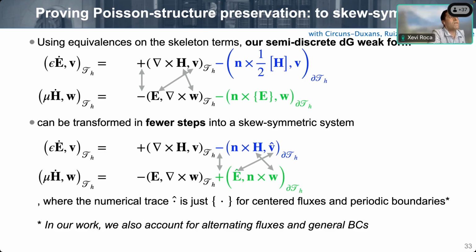The idea is that if you manipulate the expressions, you can remove the half of the jump of H and convert it to a numerical trace on the test function V. The other thing that happens is that if you want to remove the average on E, in the green term in the bottom system of equations, you will see that E appears with a hat, and then the outer product doesn't go with E, it goes with W. You have minus against plus, H paired with W, B paired with E. Good.